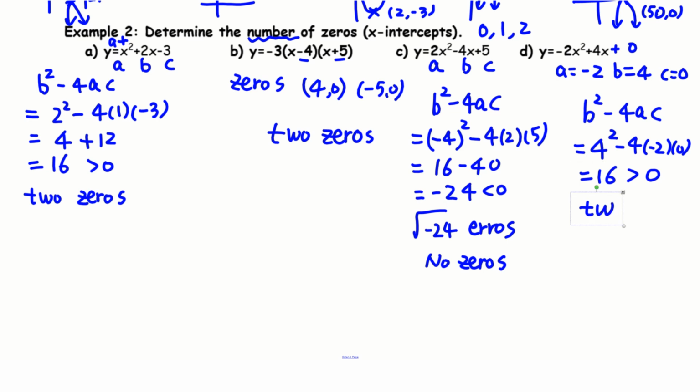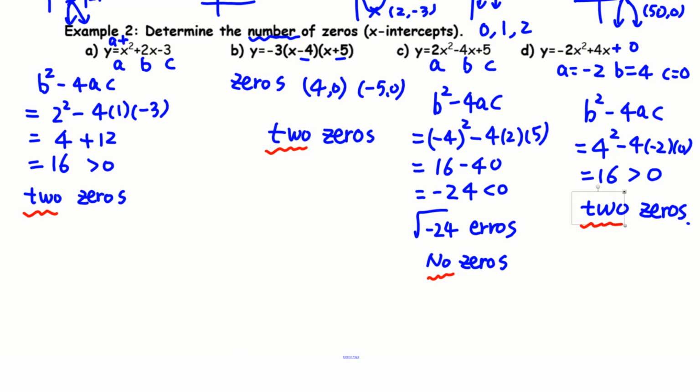So you have 2 zeros. So the answers for the number of zeros are 2 zeros, 2 zeros, no zeros, 2 zeros. The answer will be 0, 1, or 2 zeros. It didn't ask you where the zeros are, okay?